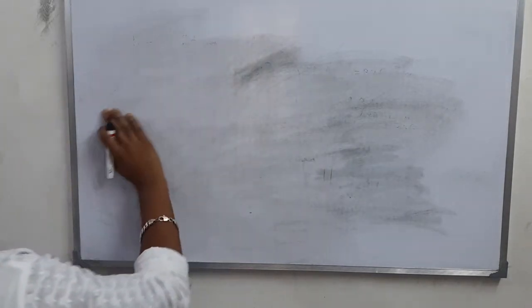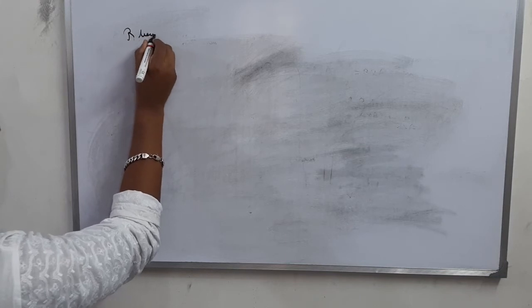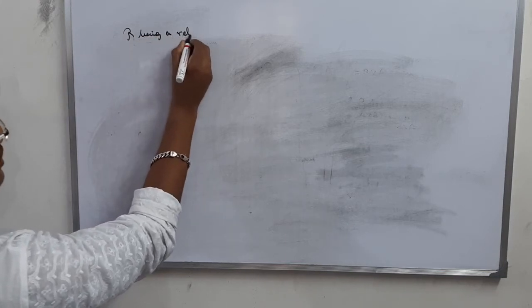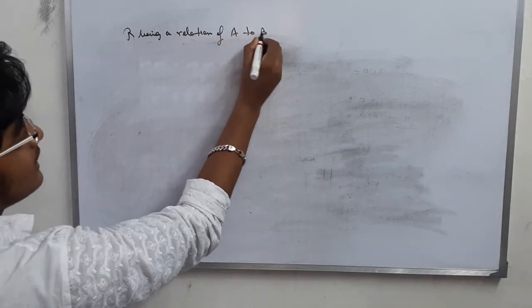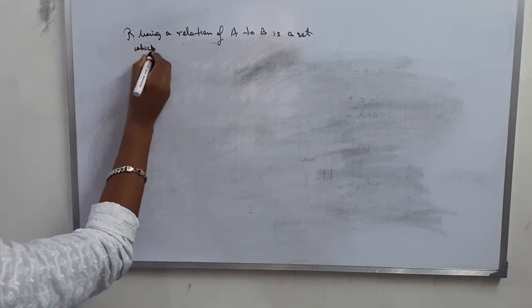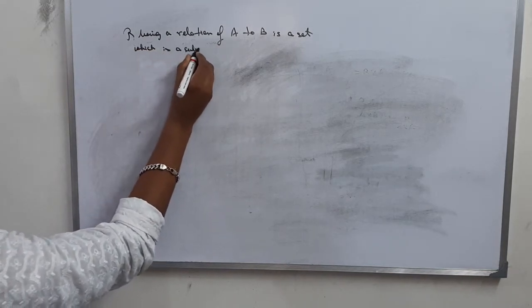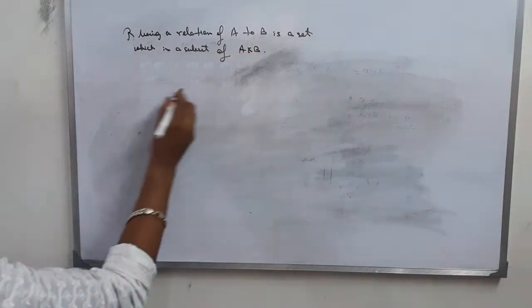It is a subset of the Cartesian product of the two sets. Very confusing, right? Let me show you with an example. Say, what I told is that R being a relation of A to B is a set which is a subset of A cross B.